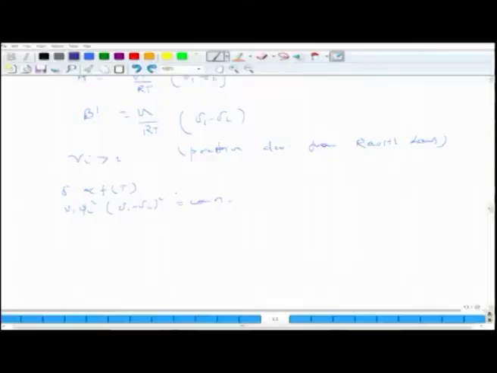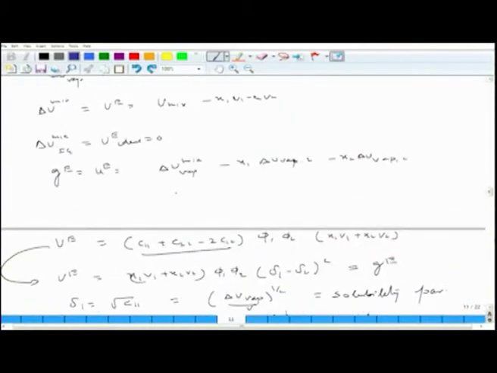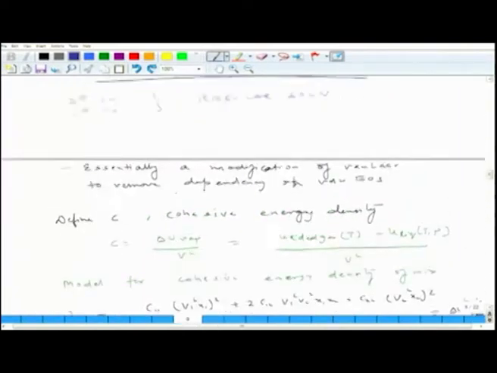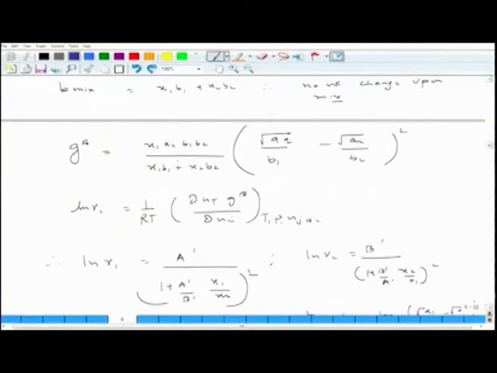Okay, welcome back. Today I am going to start a topic on polymer solution, but let me just recap what we did last time. In the last lecture, we went through the derivation of Van Laar theory, where we described the derivation of the excess Gibbs free energy.